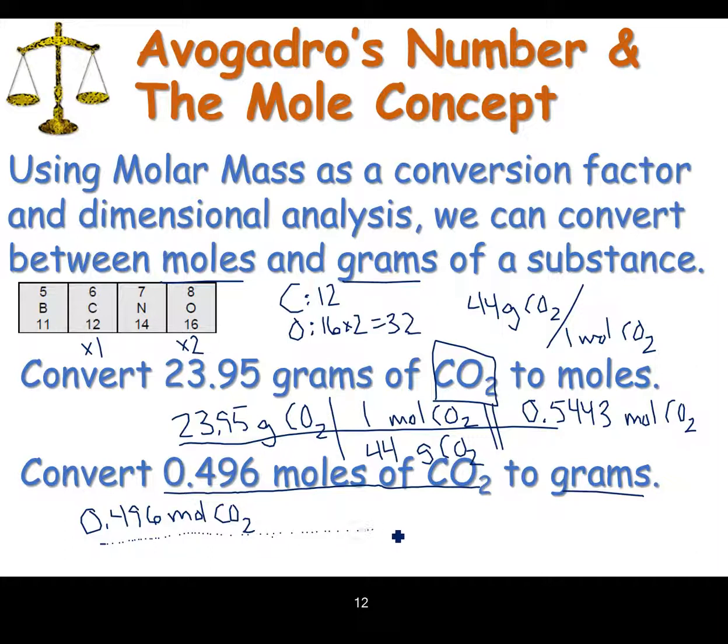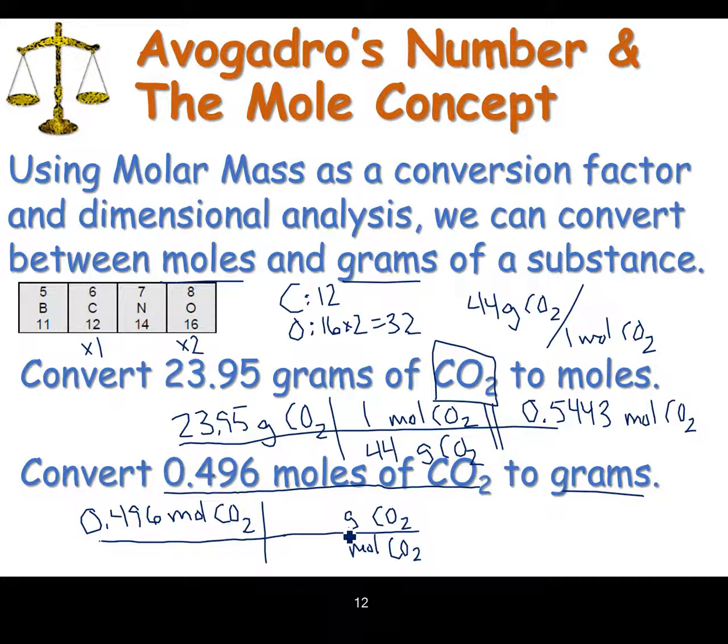We have these 0.496 moles of carbon dioxide and we want to cancel these moles of carbon dioxide. So cancel moles CO2 on bottom, and we're going to have grams of CO2 on top. Moles on bottom, grams on top.